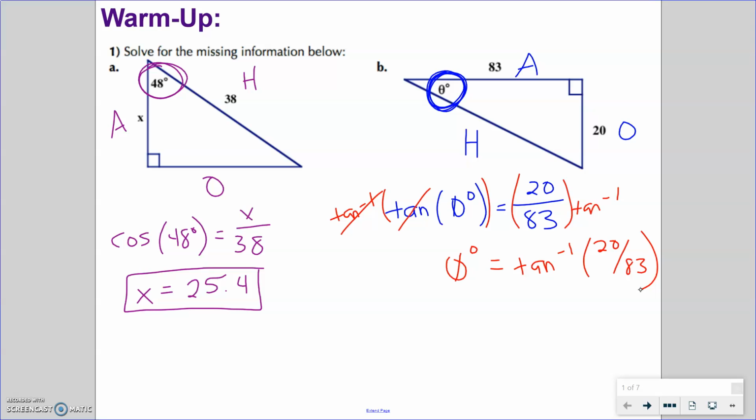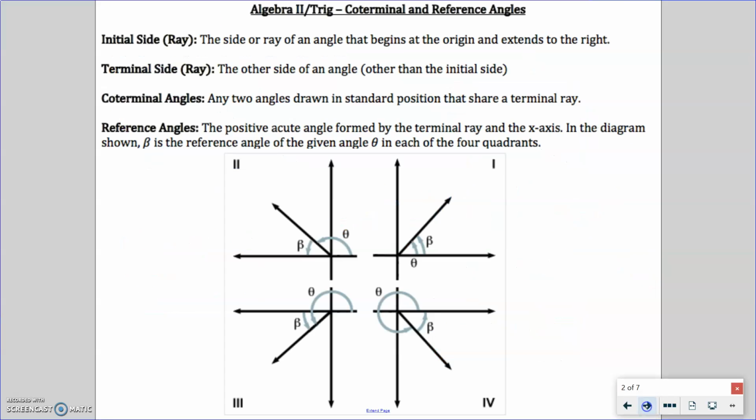Also make sure you hit second and then tangent, and it'll give you tangent to the -1. Then I'm literally going to type in 20 divided by 83 as a fraction. If I round it to one decimal place, I get that theta's angle measure is 13.5 degrees. So just a little refresher on some of the things we've talked about so far this unit.